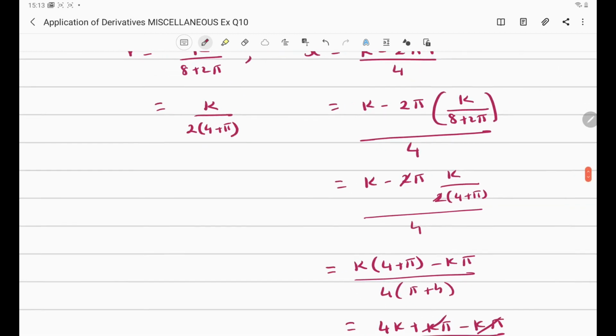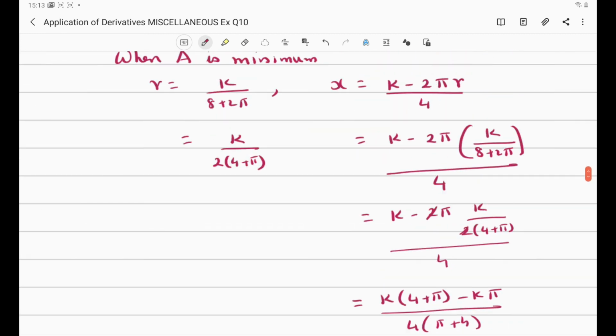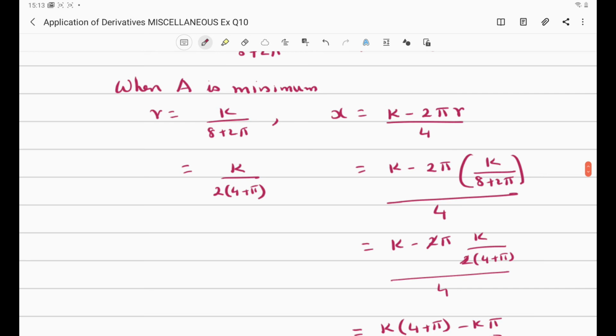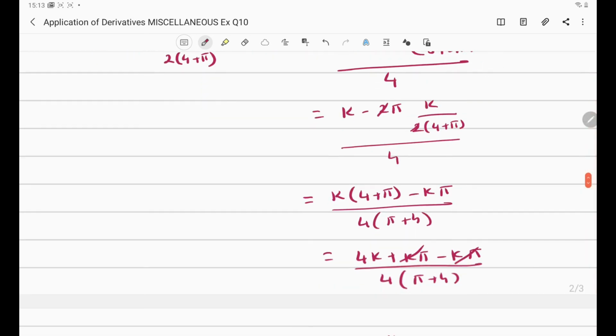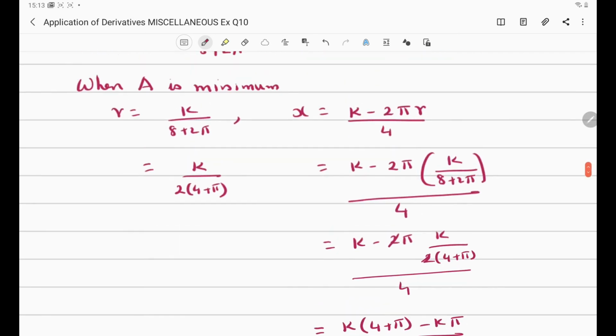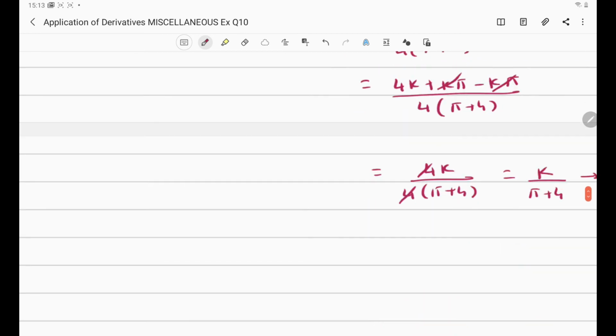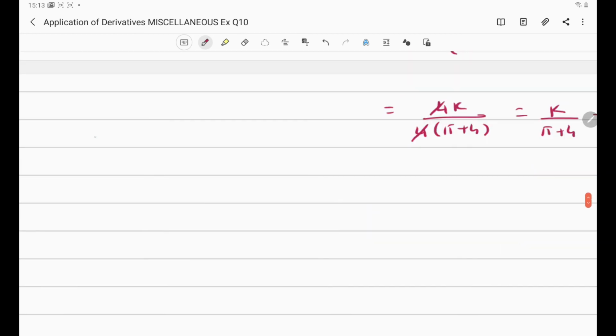So let's try to find out the ratio of x and r. So here you got r equal to k by 2 into 4 plus pi, and you got x is equal to k by 4 plus pi. So from 1 and 2, so this is 2 and this is 1. So let's find the ratio of r by x.